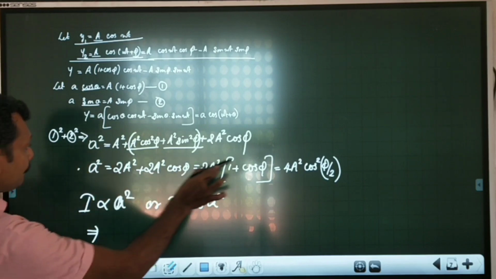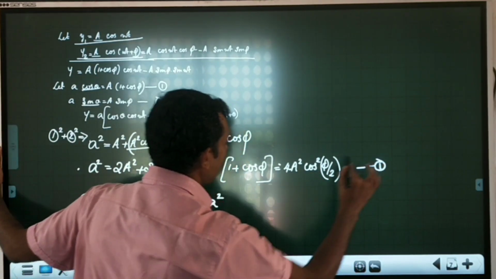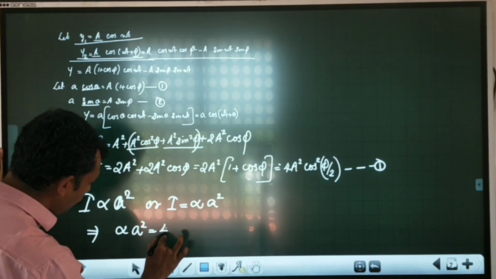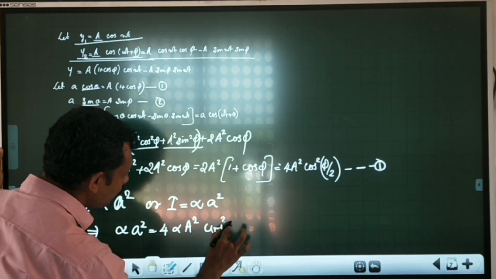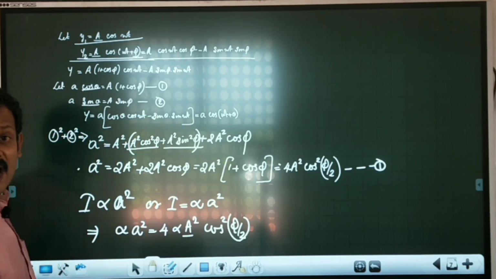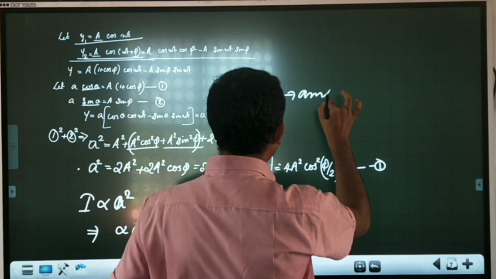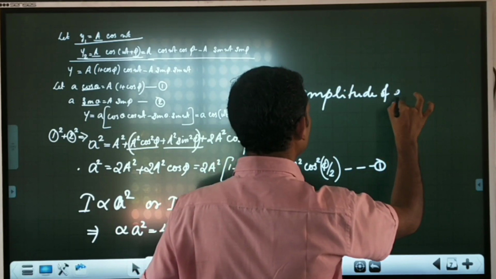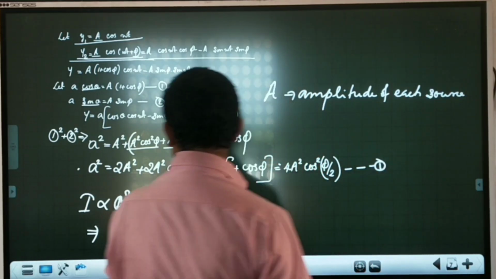Multiplying both sides with alpha, alpha into small a square is equal to 4 into alpha into capital A square cos square phi by 2. What is A? A is the amplitude of each wave, the amplitude of each source.